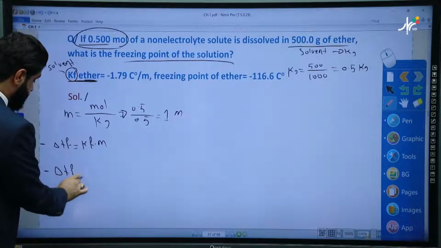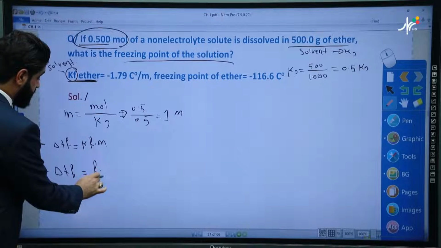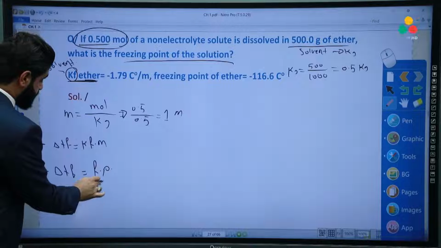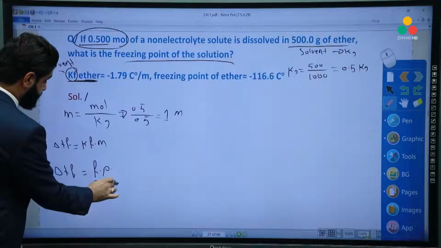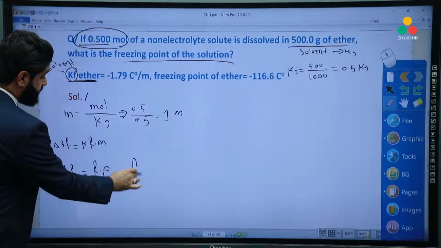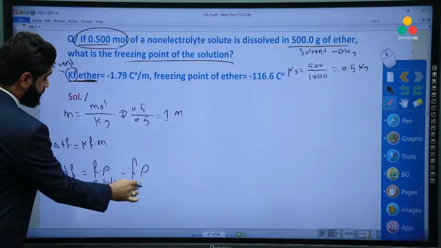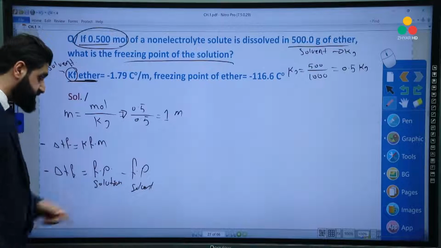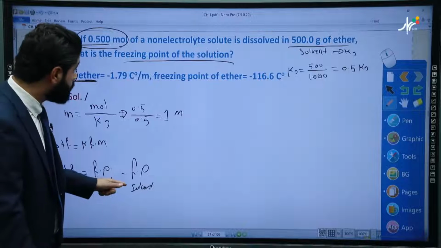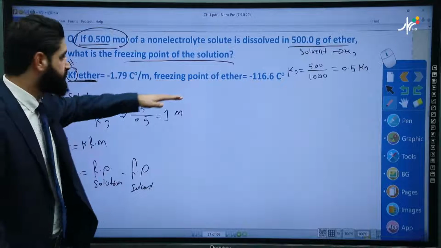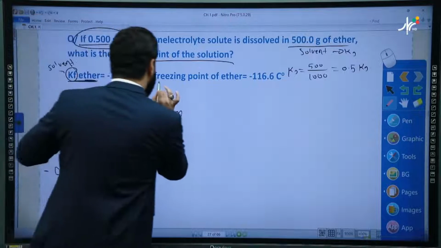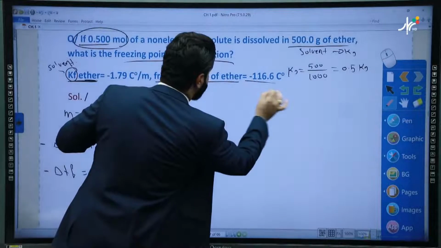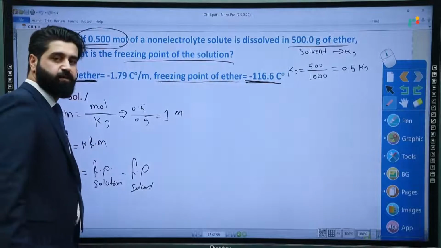Second one: delta TF equals the freezing point of solution minus the freezing point of solvent. It's very easy. The solvent is 0. No. It's ether. It's not water. It must be given. Look, the freezing point of ether is negative 116.6.